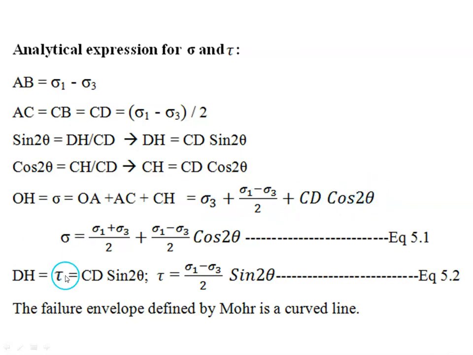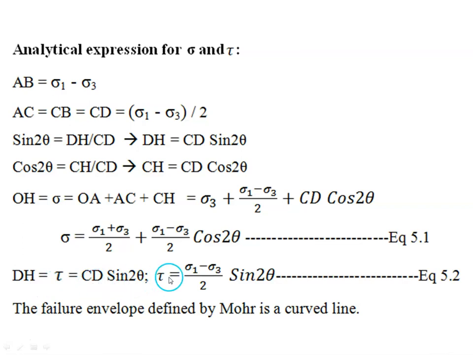So the normal stress we can write as sigma 1 plus sigma 3 by 2 plus, CD being nothing but sigma 1 minus sigma 3 by 2, into cos 2 theta. So using this expression we can find the normal stress. Then from the same triangle we know that DH equal to CD sin 2 theta, which is nothing but the shear stress.